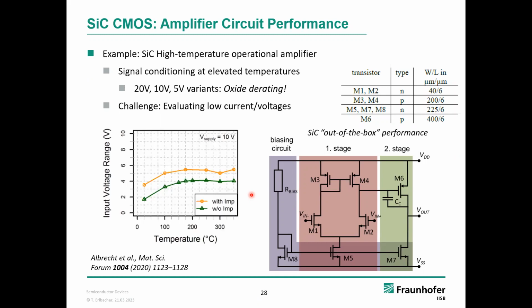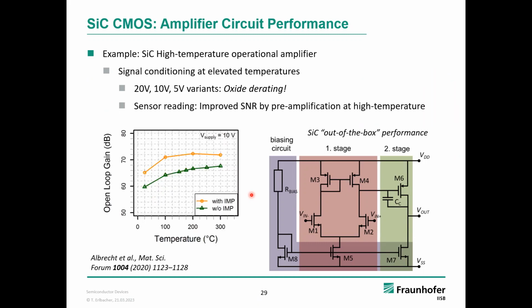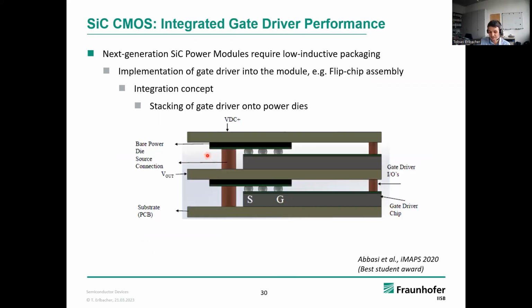Here we have, for instance, demonstrated open loop gains in the range of 60 to 70 dB over a wide temperature range. And interestingly, or not surprisingly, silicon carbide actually performs better at elevated temperatures due to incomplete ionization at room temperature. So again, this is not a competition to silicon. This is something where you want to operate beyond the capabilities of silicon circuits.